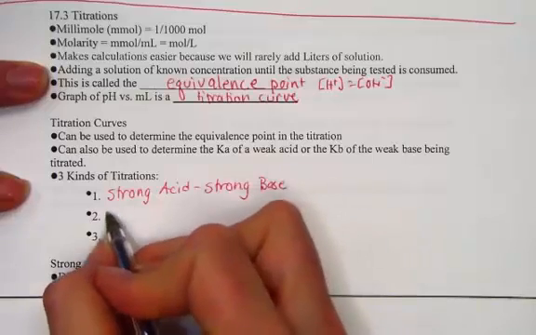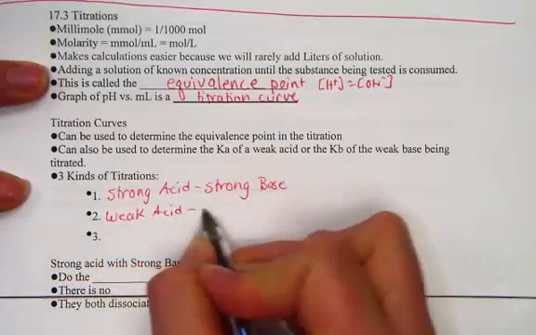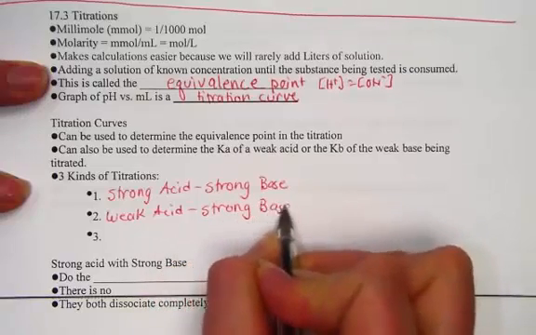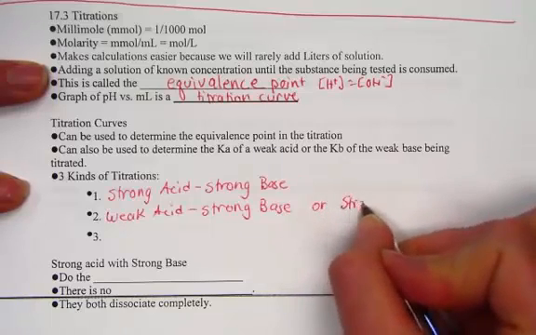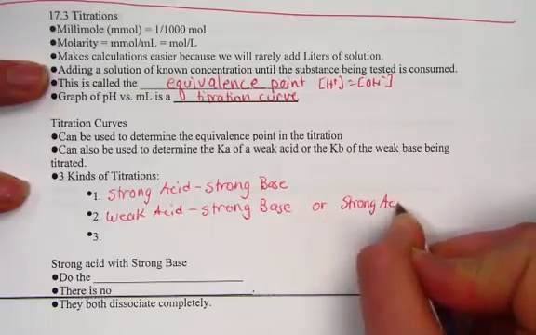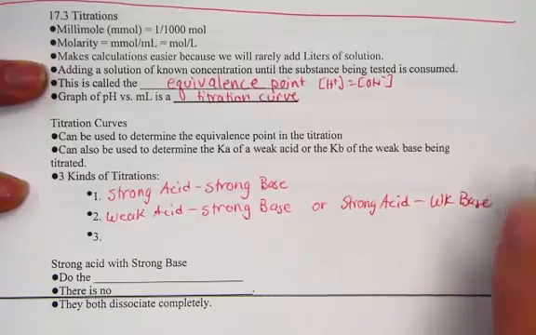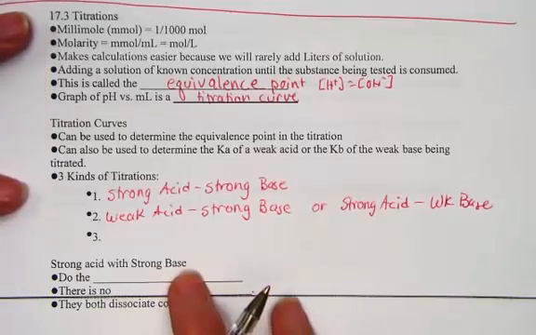So, a second category would be using a weak acid to a strong base. Or I would also classify if we did a strong acid, weak base. But what I'm generally saying here is strong versus weak, either one of those being applied.